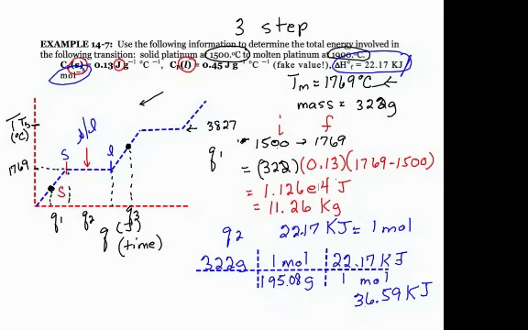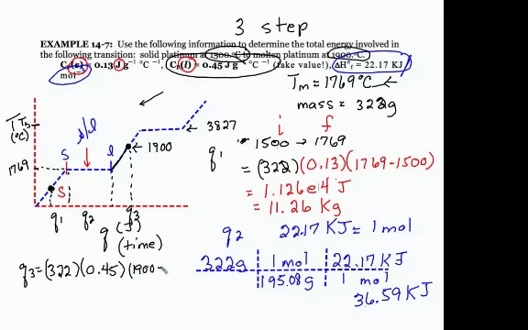Now, let's try Q3. So the third point is another mcΔT. I'm going to take that liquid and heat that liquid, but this time I have to use my made up heat capacity of a liquid. So it's the same 322 grams times the heat capacity, 0.45. Now, my final this time we're going to end at 1900.